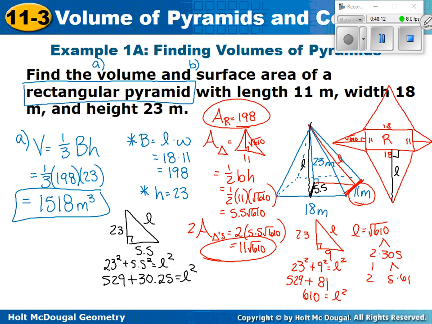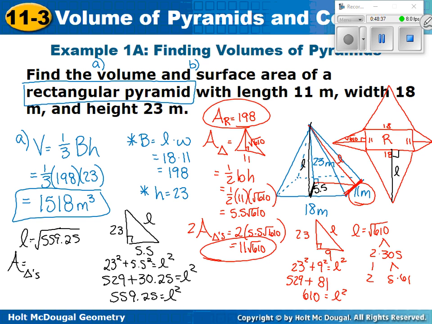And then combine like terms, so we have 559.25. So L is equal to square root of 559.25. Okay, what are we going to do to find the area of the other 2 triangles? Is this correct? You guys with me?